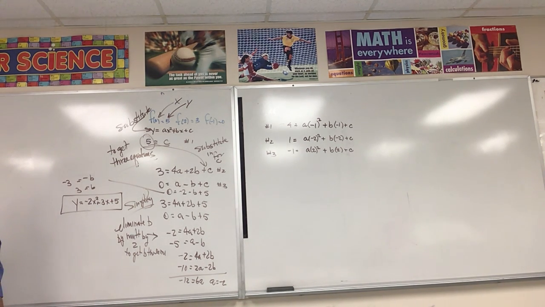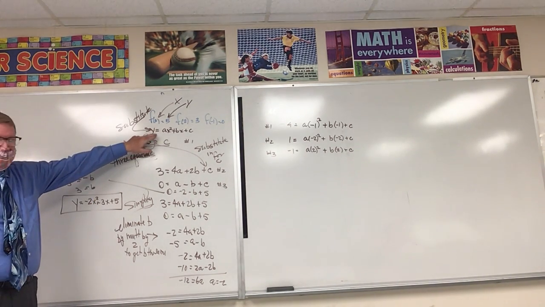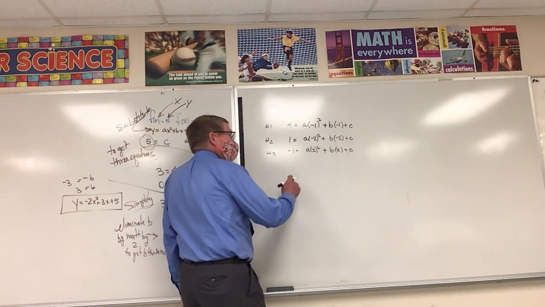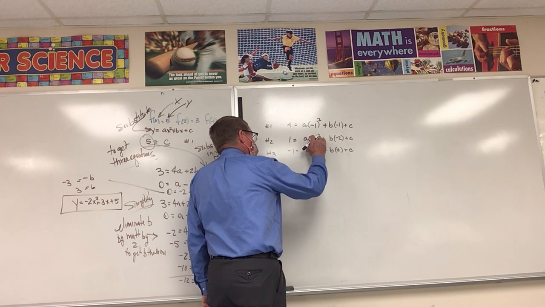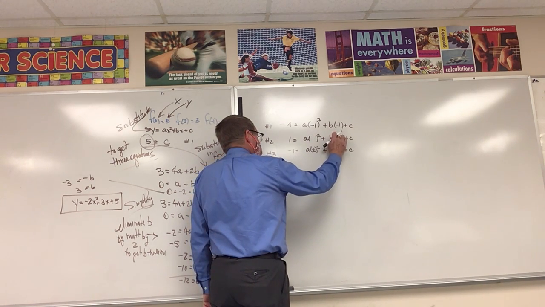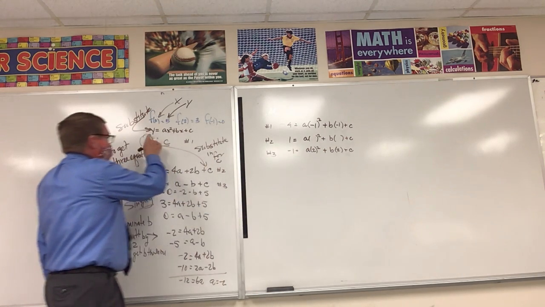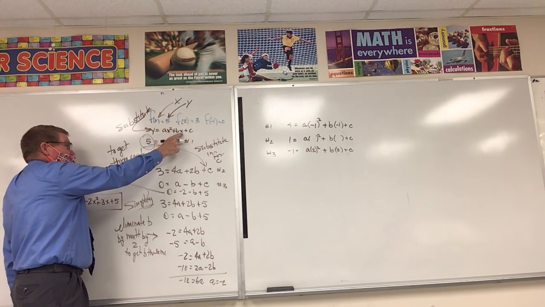Your x is 1, your y is 2, -2. Okay, what did you do? What did you put in for x? 1. Then y equals ax squared plus bx plus c?